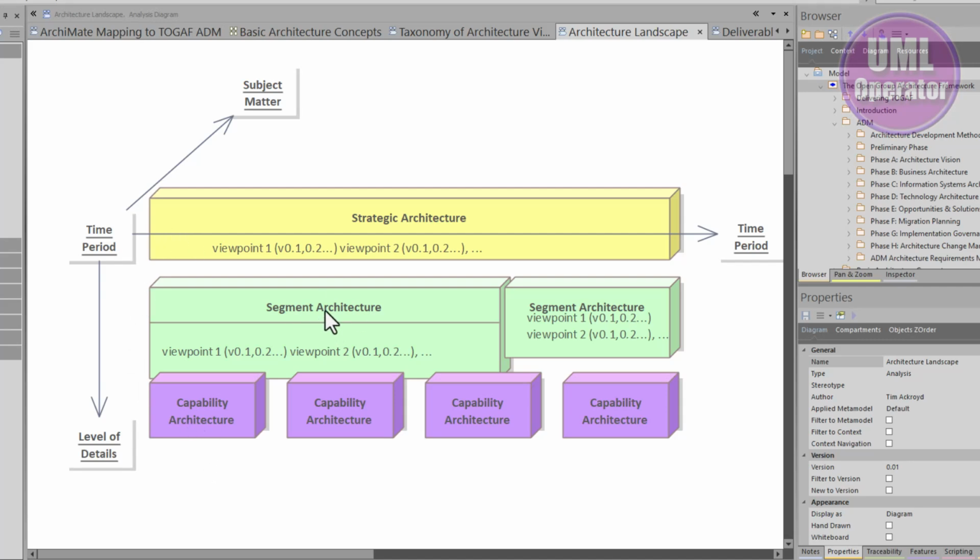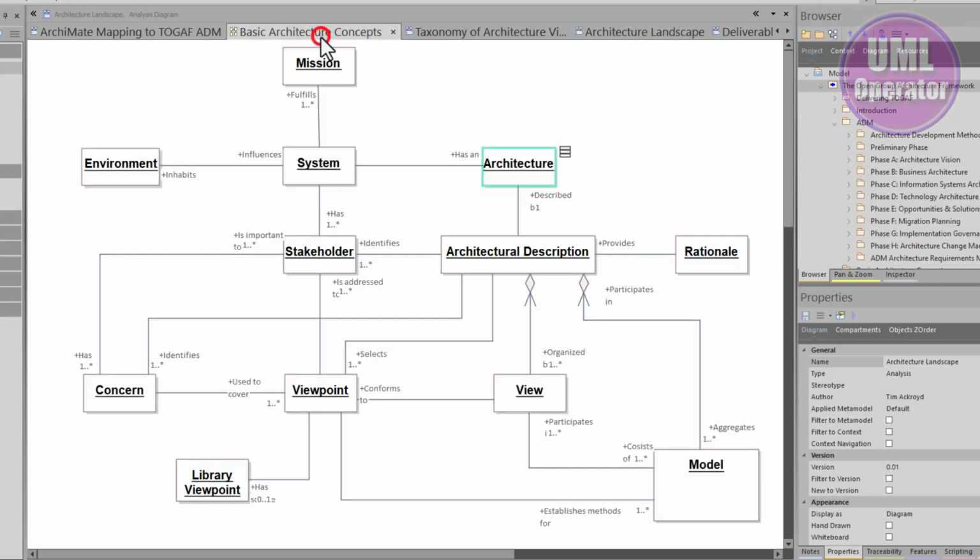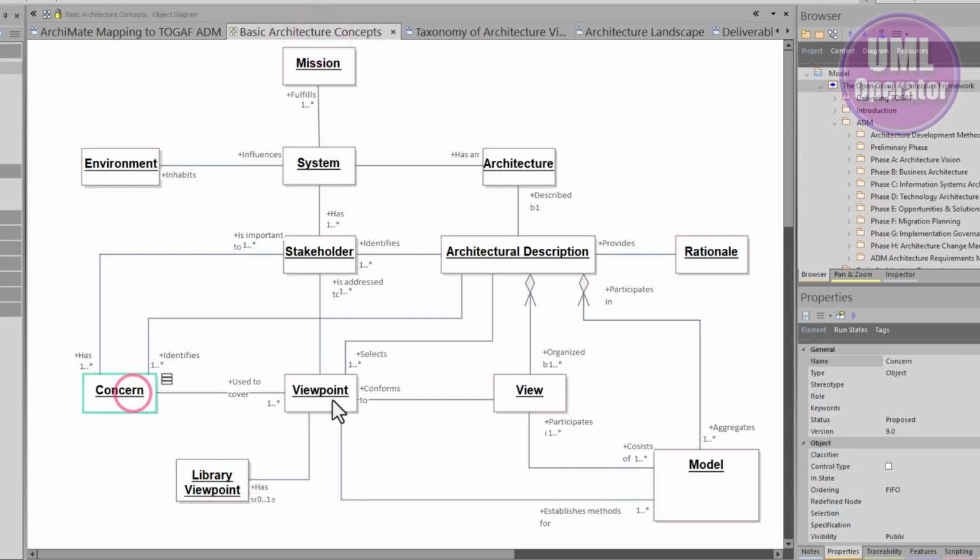So it's very important to understand in your architecture framework how you're going to deliver your architecture in order to meet your stakeholders' concerns, viewpoints, and views, right?